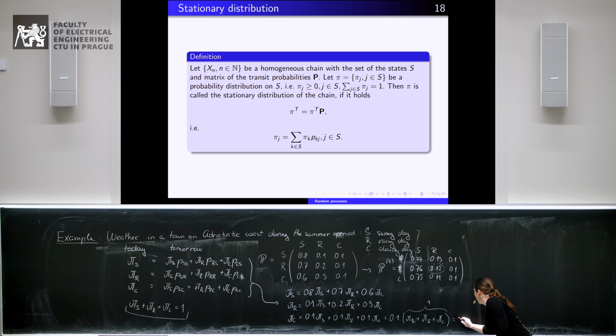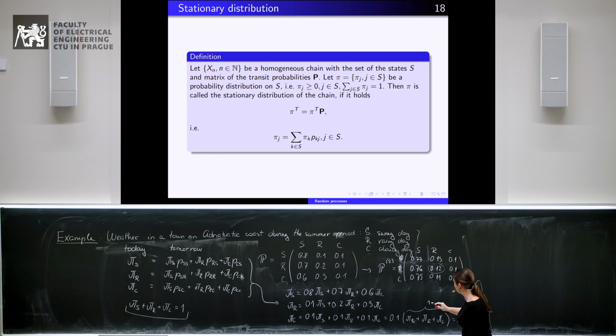And so we directly know that the probability of a cloudy day is equal to 0.1, which is not surprising, because we could see that from the beginning, in the third column, we have the probability 0.1. So the probability that it will be a cloudy day, independently of what happened before, must be equal to 0.1.